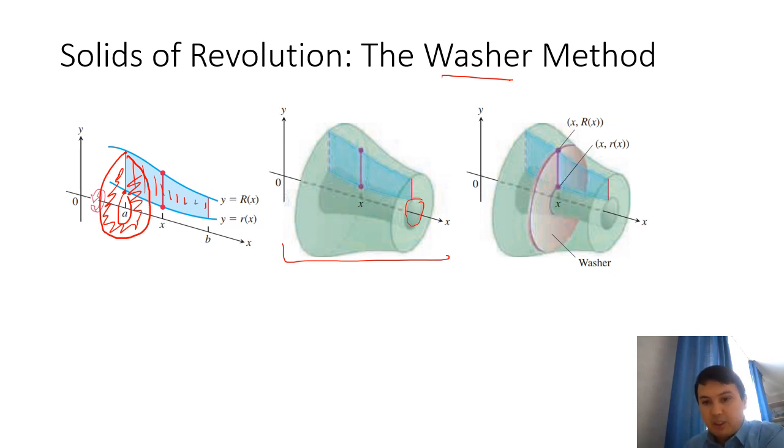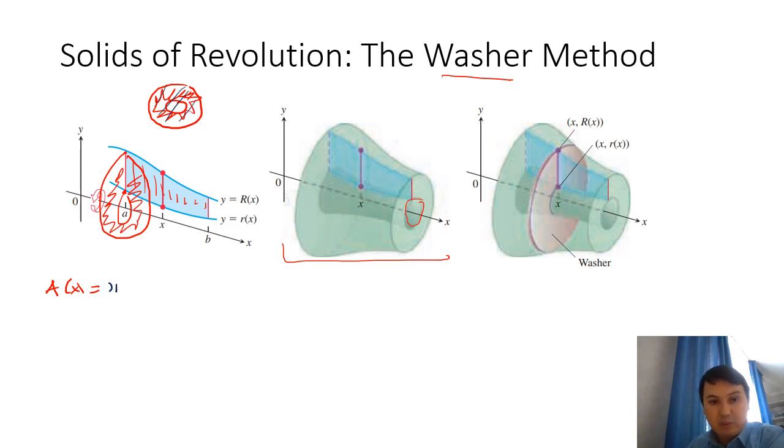And then the question is, how are we going to find the volume? Well, how do you find the volume of, let's say, a donut or something? So take this washer. What you can do is calculate the area, A of x. You can calculate the area of the whole disk.